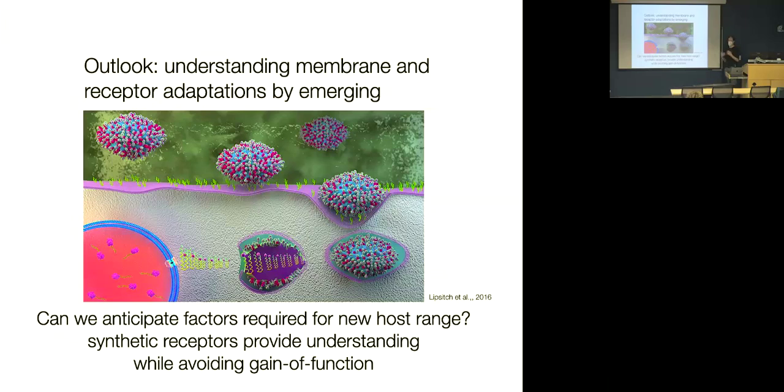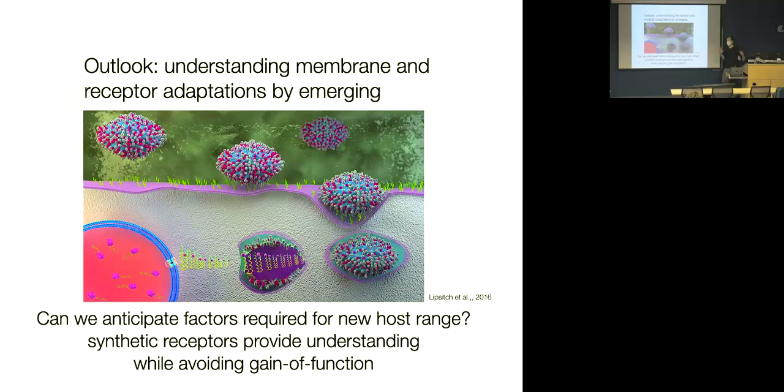For instance, with SARS-CoV-2, the early variants primarily entered via the plasma membrane, while some of the more recent variants seem to primarily enter via mid-endosomes. What permits plasticity in that fashion, or what restricts it? And of course, how can we exploit that? And also, can we anticipate the factors that are required for new host range?